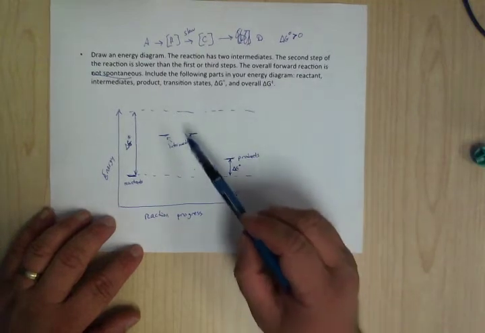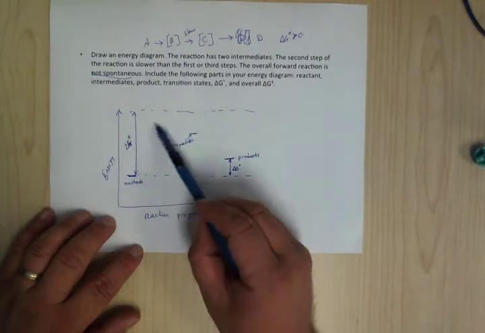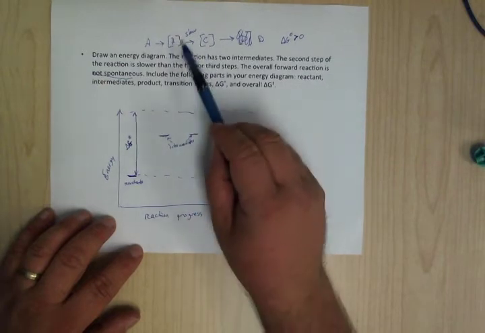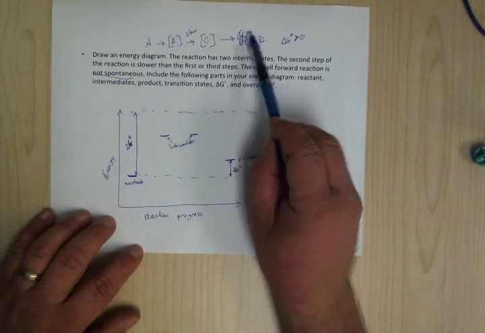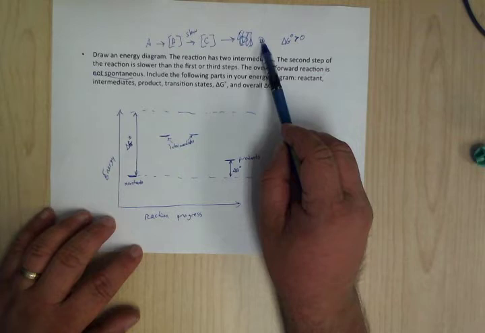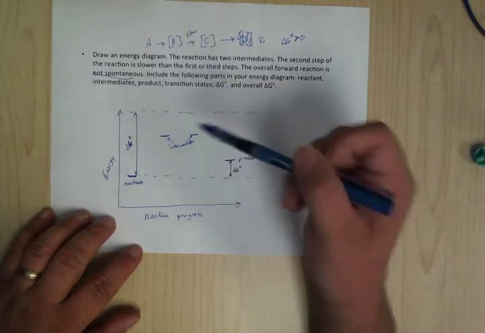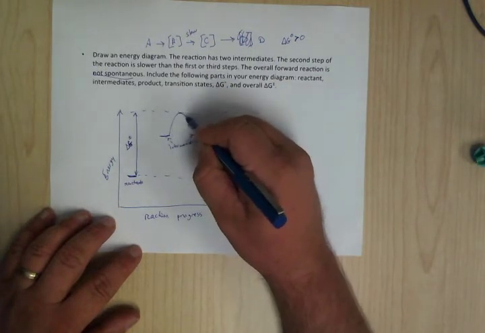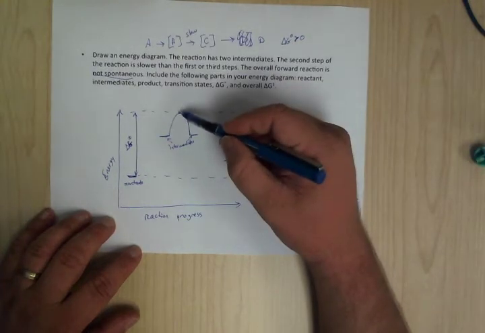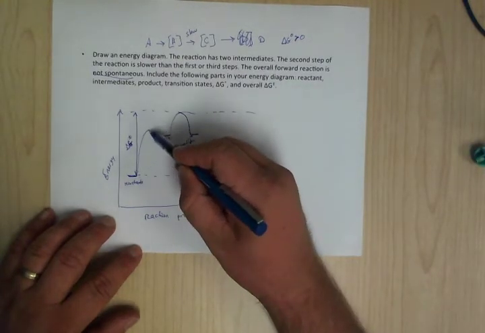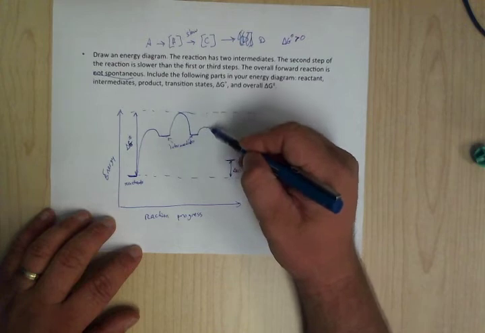Now, going from here to here, there's going to be a bump, and another bump, and another bump. But which is going to be the high bump? The one that's slow. This one is going to touch that line up there, and all the other bumps are going to be below it.